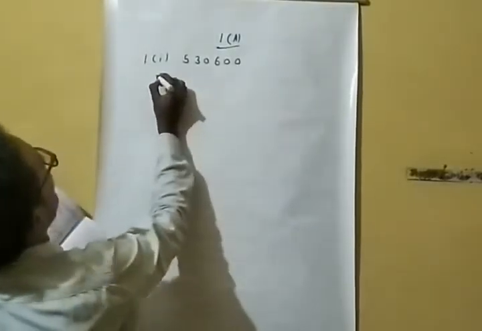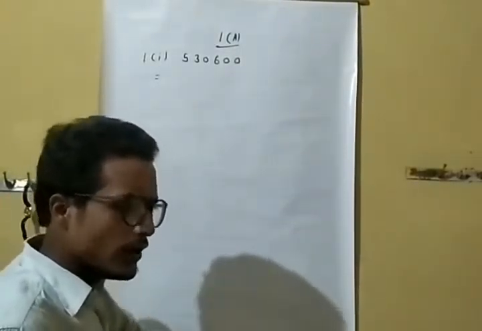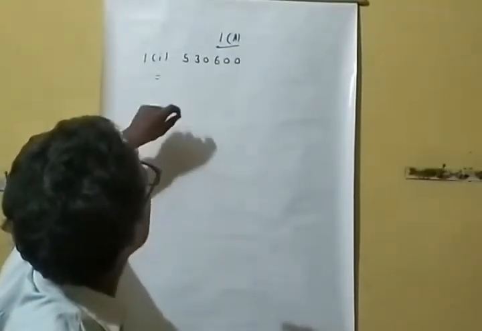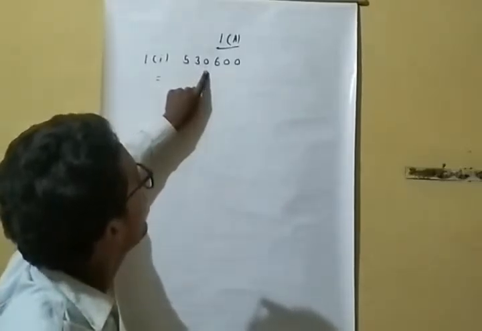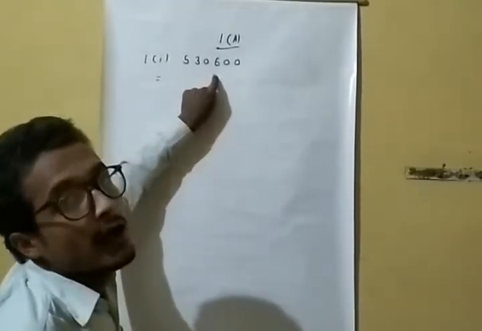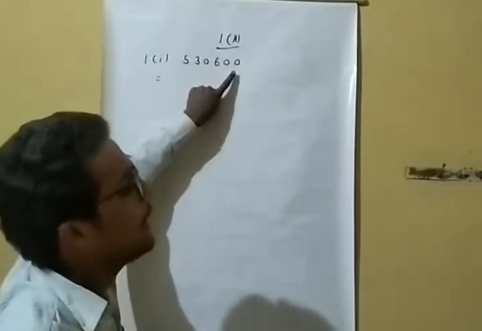You can write in your own notebook. First of all, we should count ones, tens, hundreds, thousands, then the next terms, 10,000s and lakhs.